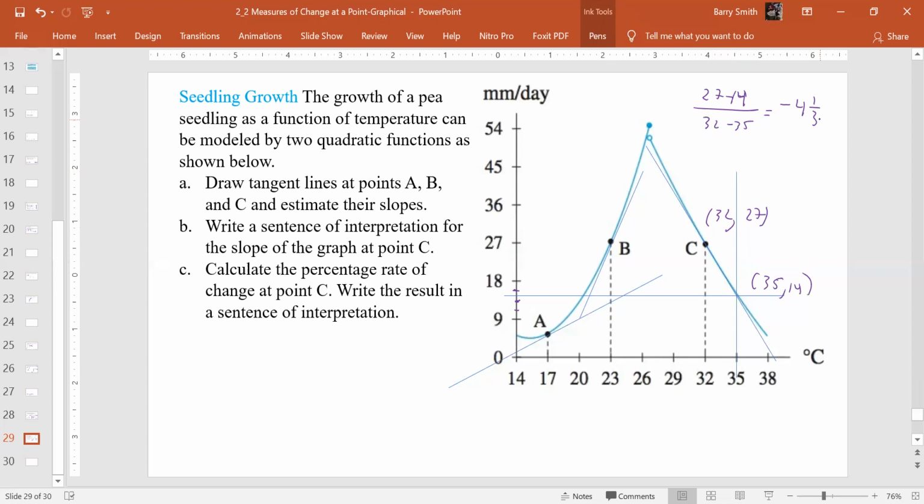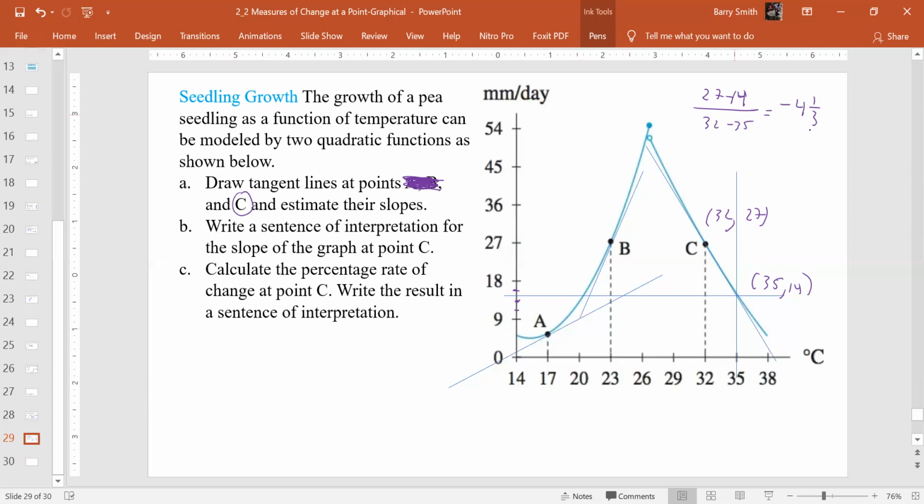Okay. Now, that's our slope, and again, I'm not going to do A and B. We're not even worried about them because it's so much guessing. We're just worried about C, and we're going to write an interpretation for that slope. It looks like it's going down. What are the units here?